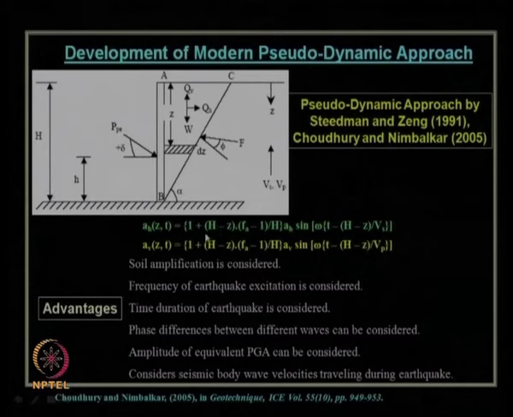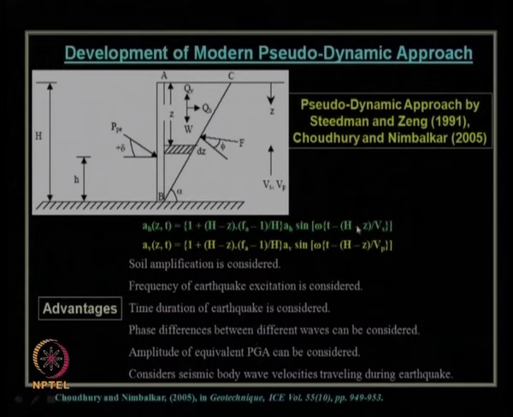This is nothing but a linear equation multiplied by AH. AH is the amplitude of the horizontal earthquake acceleration, and sine of omega t minus (h minus z) by Vs, where t is the duration of the earthquake and (h minus z) by Vs gives nothing but the phase. As you can see, this is the phase.